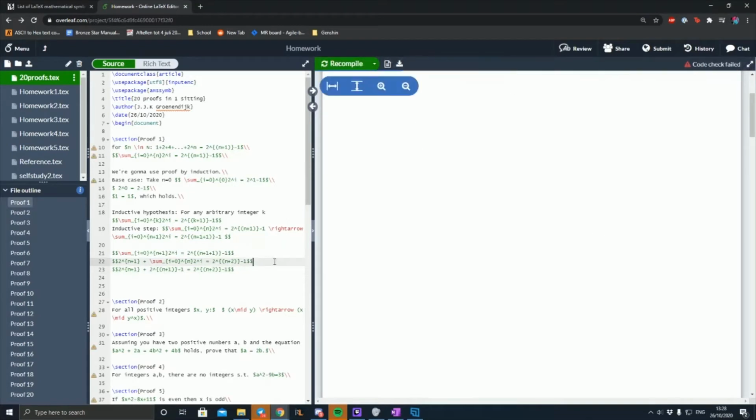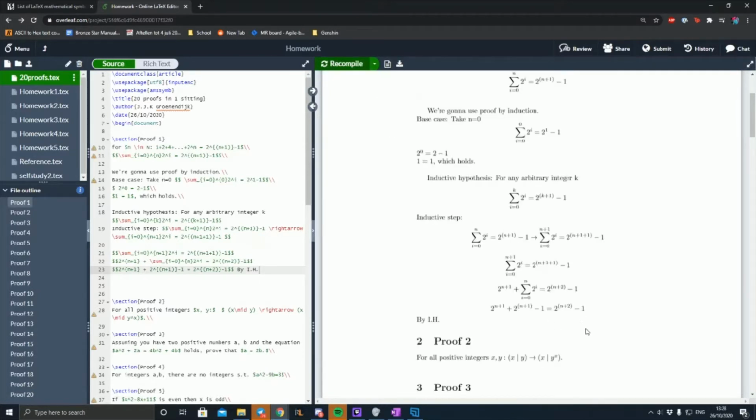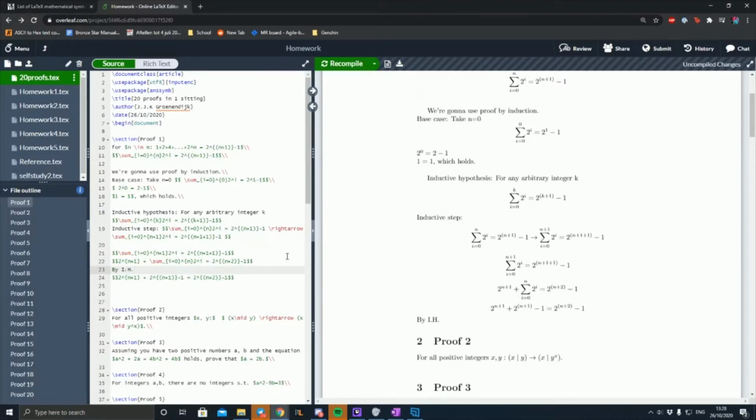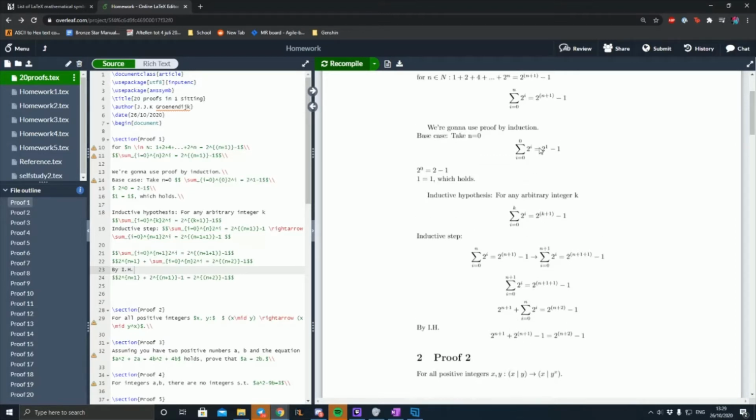And then of course you should write behind this, by induction hypothesis. Oh yeah, because I'm using the double brackets now, everything takes its own line, so I'm just gonna put it above the thing. So, does this end up making sense?